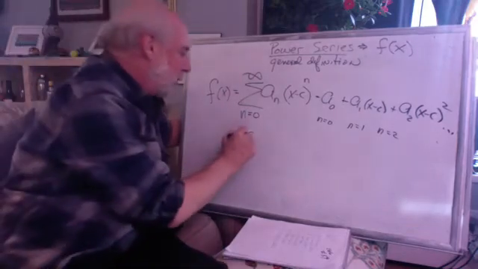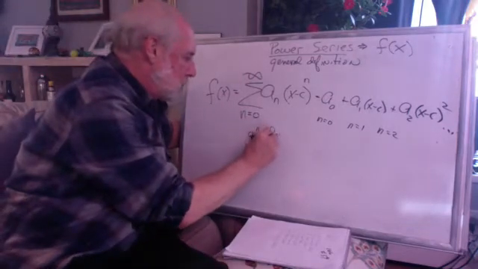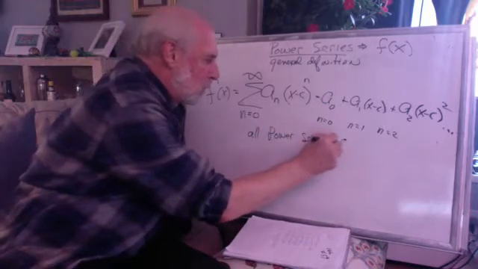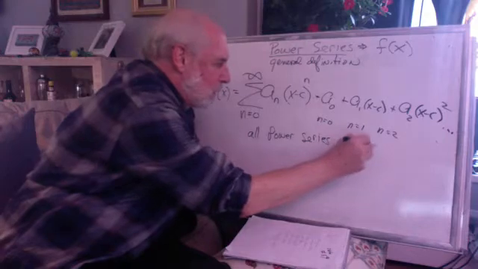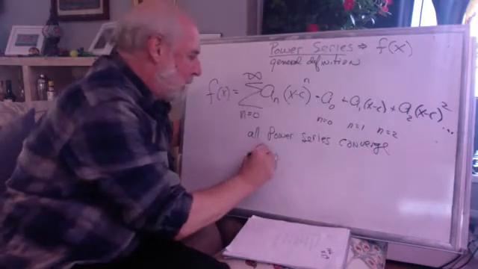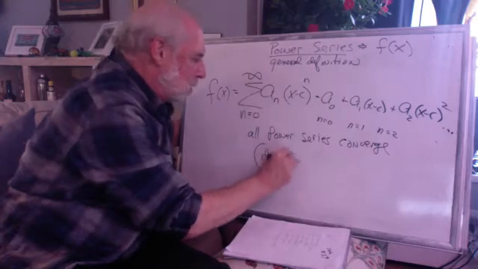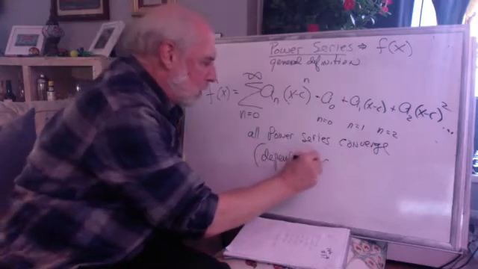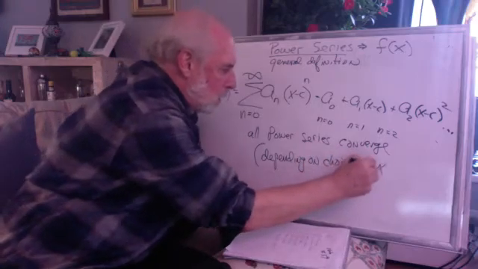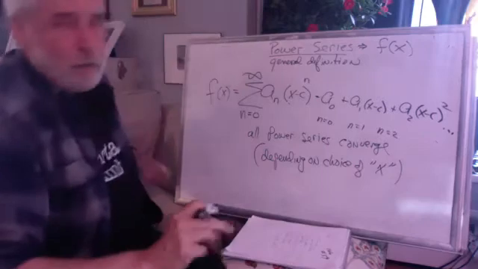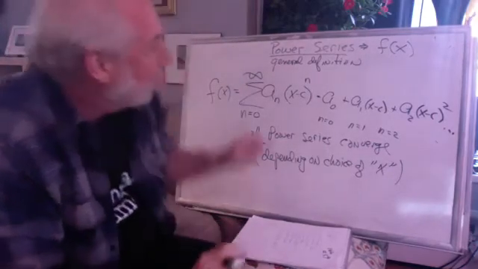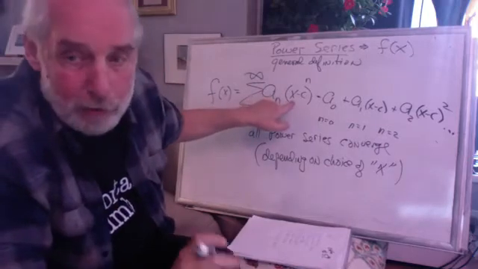Now, all power series converge depending on the value of x. We can make every power series converge because we get to choose the value of x.